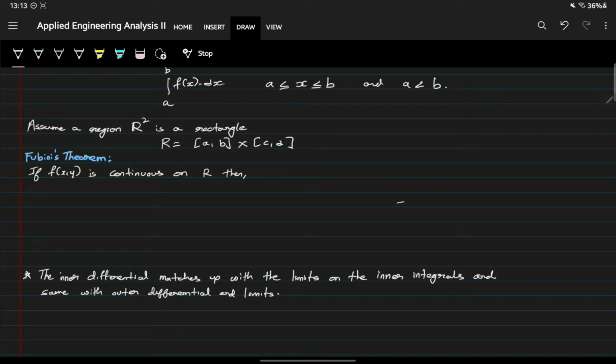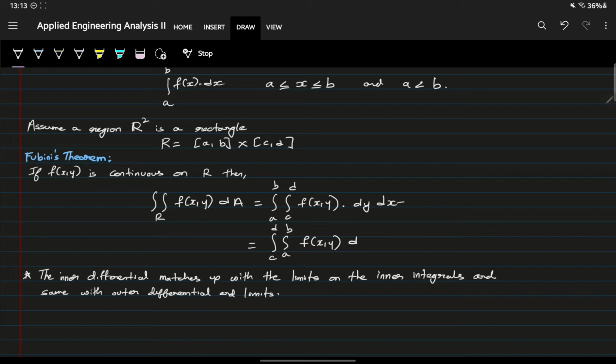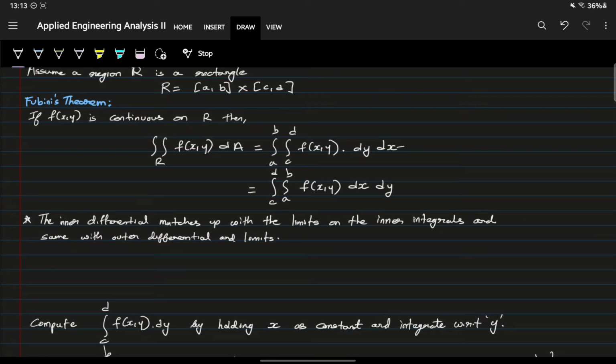According to Fubini's theorem, if f(x,y) is a continuous function on R between the limits a, b and c, d, then the integral is given as, or it can also be written as, the thing we need to consider is that the inner differential, that is dy, matches with its inner limits, that is c and d, and the same applies with the outer differential and limits, that is dx and a, b.